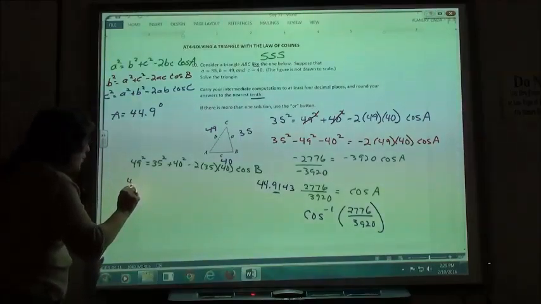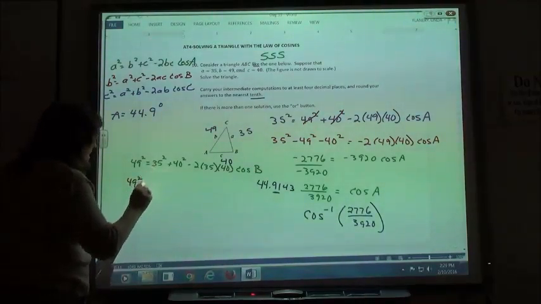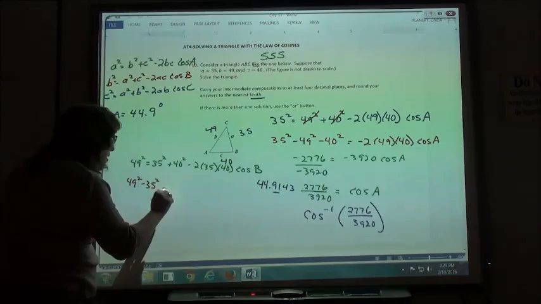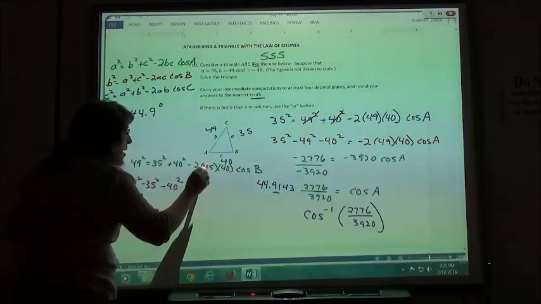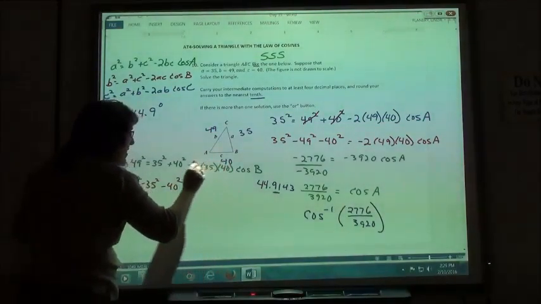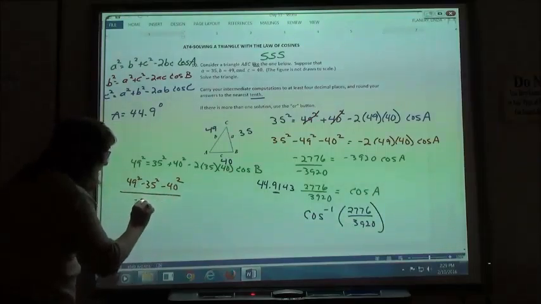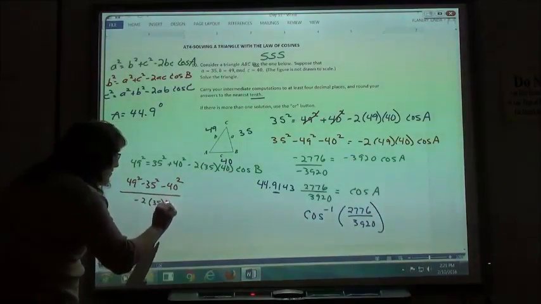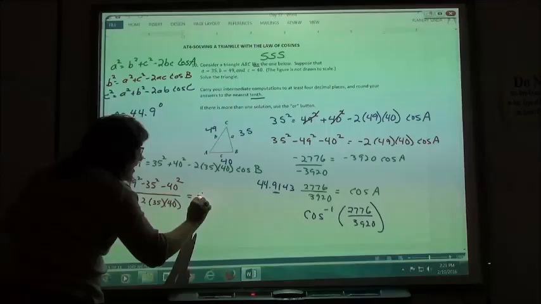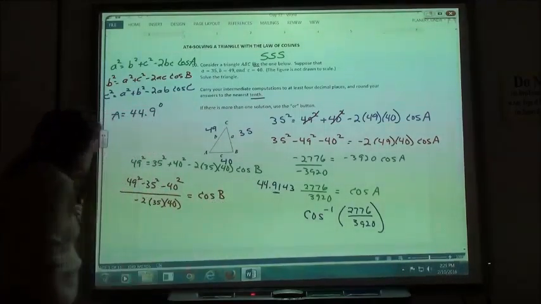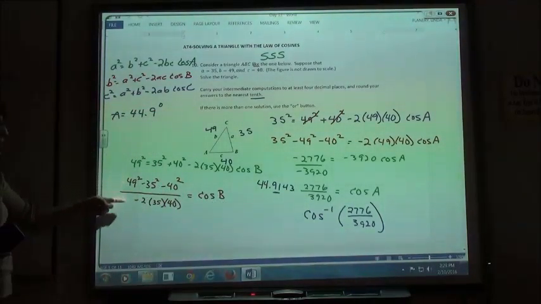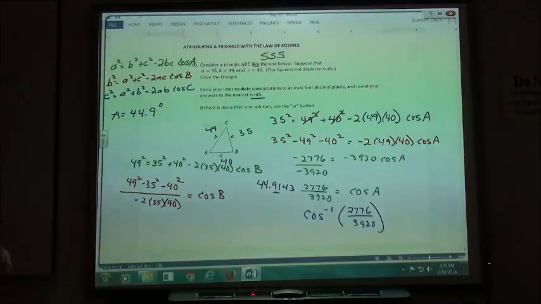So 49 squared minus 35 squared minus 40 squared, I'm going to end up dividing by this. So divided by negative 2 times 35 times 40 is going to equal the cosine of B. I'm still going to figure out the top and bottom separately. Otherwise, I might have to use parentheses around the bottom, but I'm just going to do them separately.